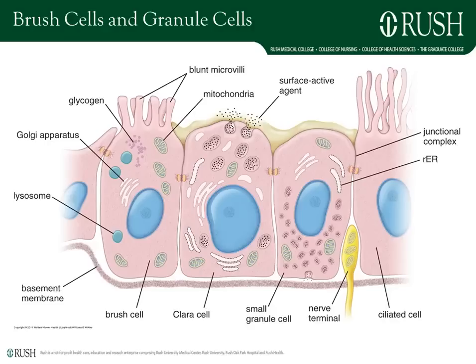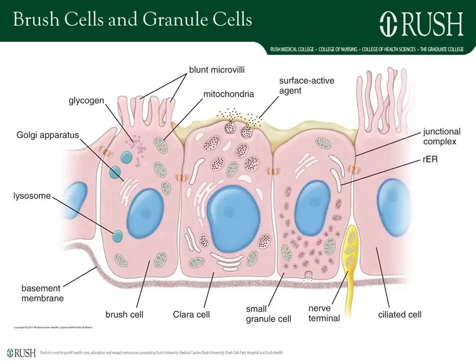You can see from the diagram, the cell on the left, the brush cell, has those blunt microvilli that extend out past the apical surface into the lumen, essentially, of the trachea or whatever other airways they reside in. And they are essentially sampling what's going on out there, and sending a signal back to the CNS.